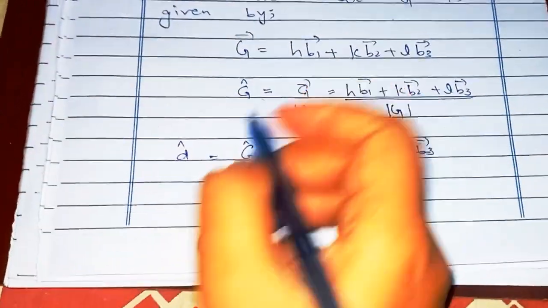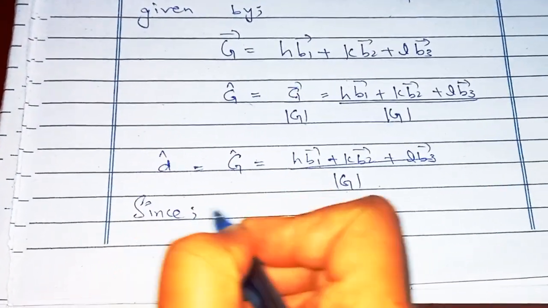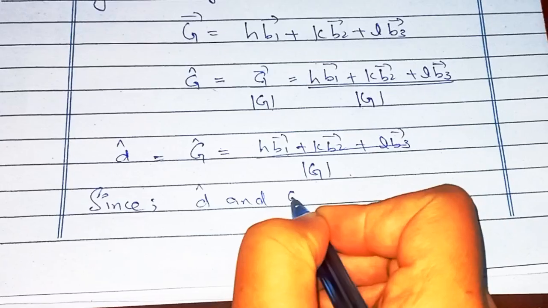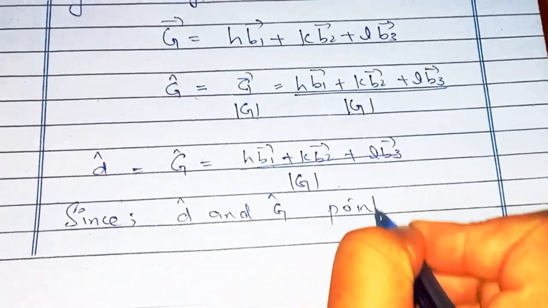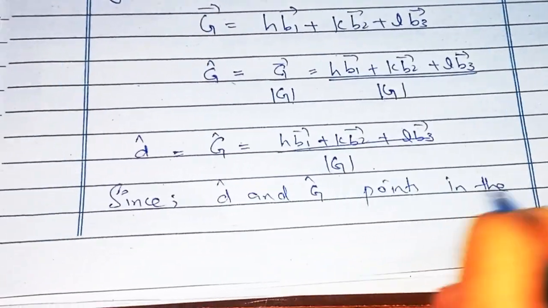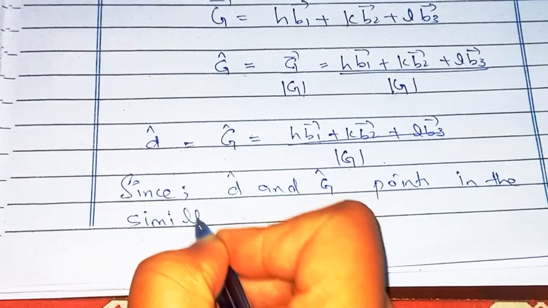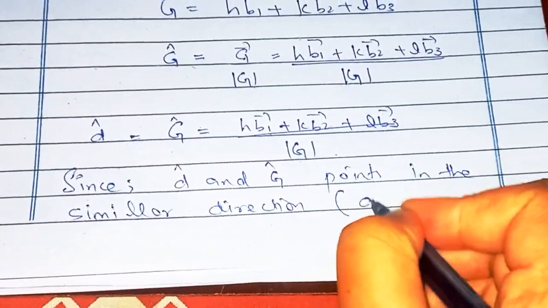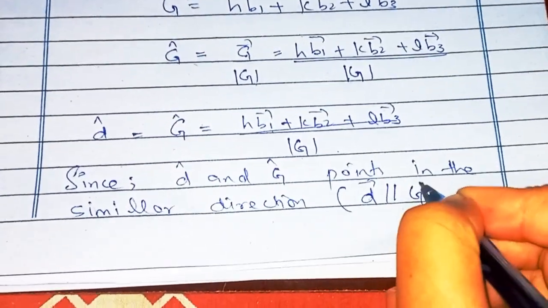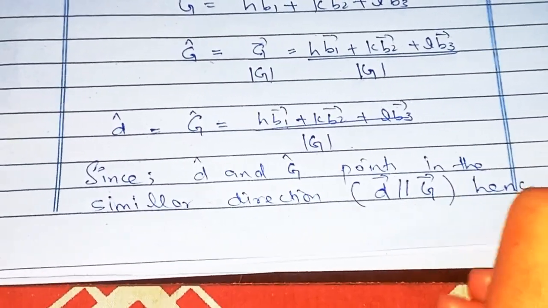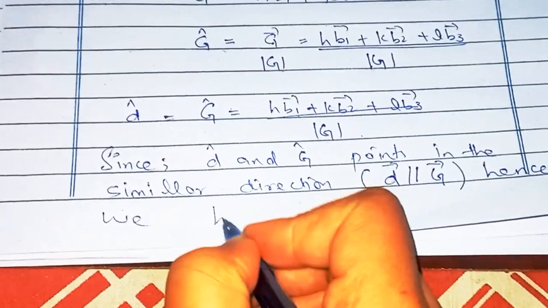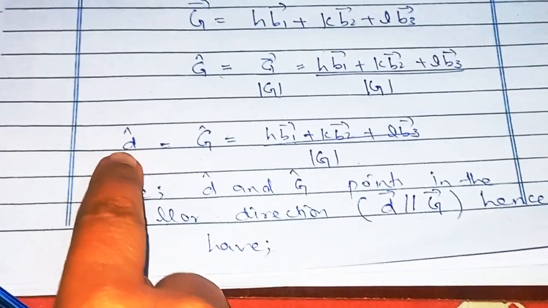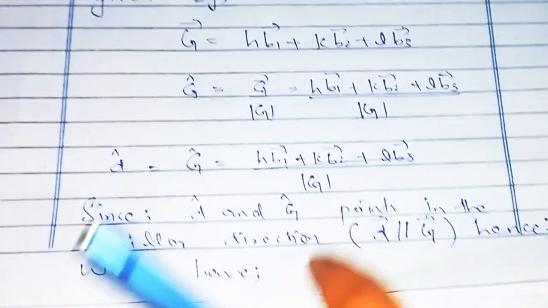All right, and we can write here that since d and the g unit vector point in the similar direction, in brackets you can write that the d vector is parallel to the g vector, hence we can write that the d hat vector equals this thing.